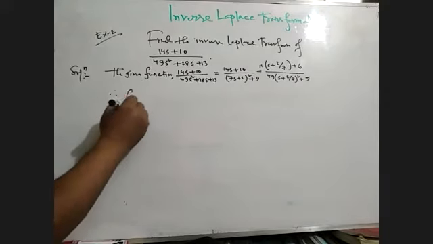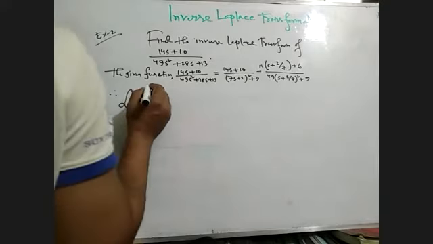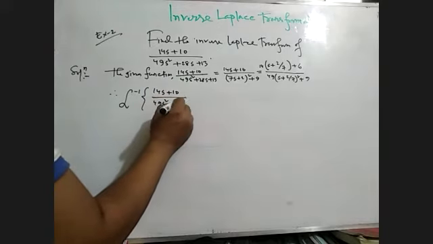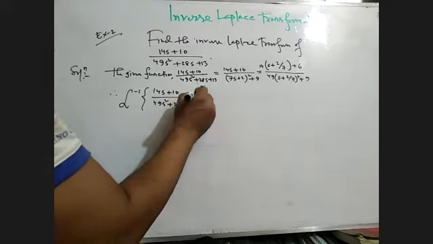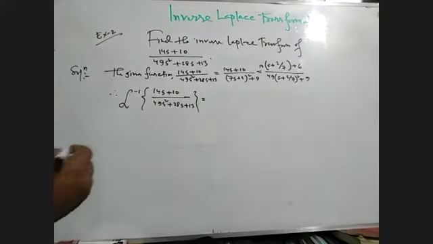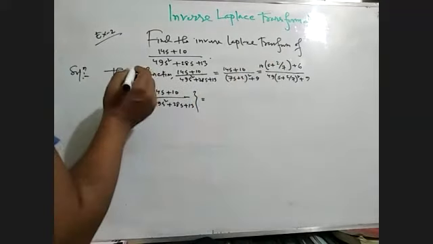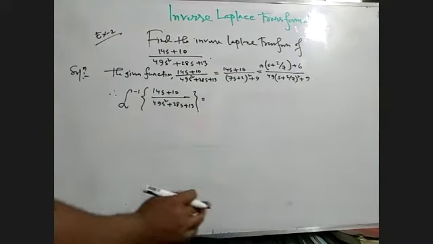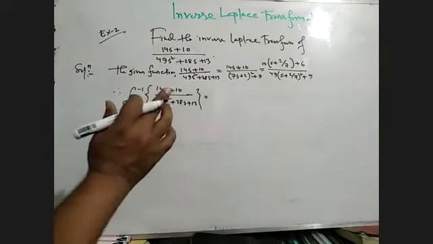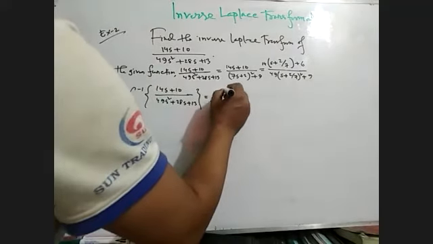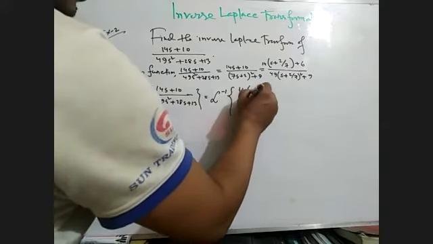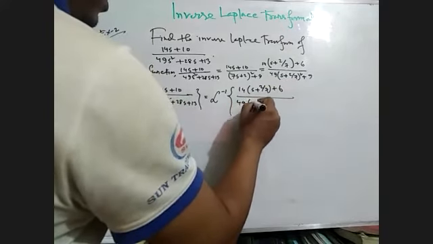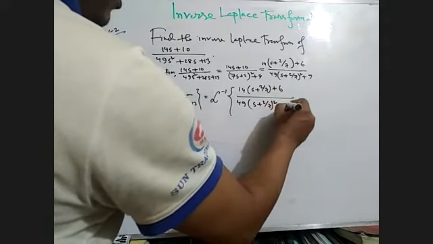Therefore, now the inverse Laplace transformation of 14s plus 10 divided by 49s square plus 28s plus 13 will be the inverse Laplace transformation of 14 times (s plus 2 by 7) plus 6, divided by 49 times (s plus 2 by 7) whole square plus 9.